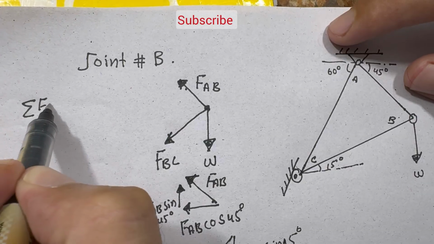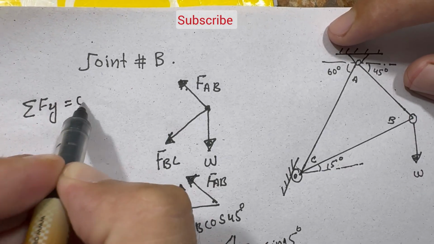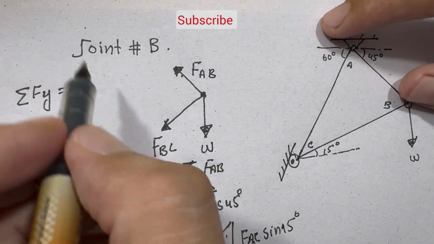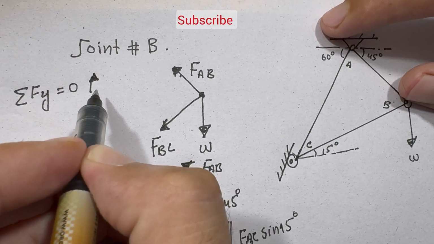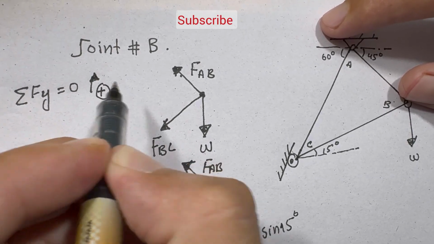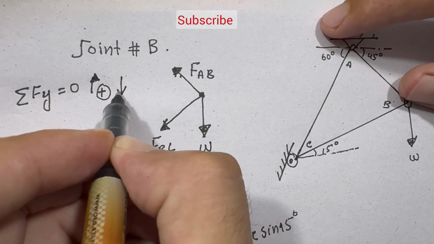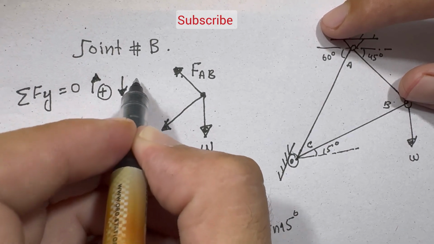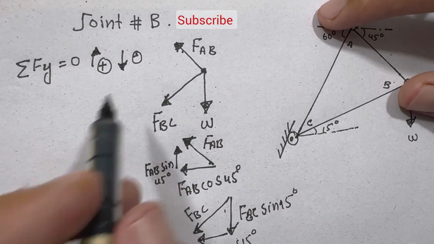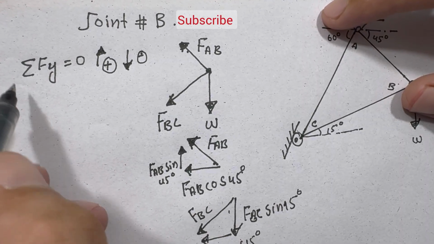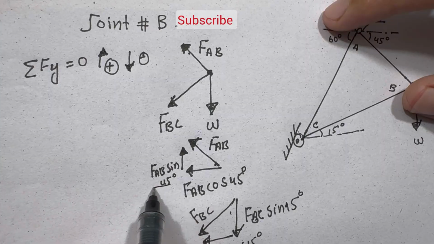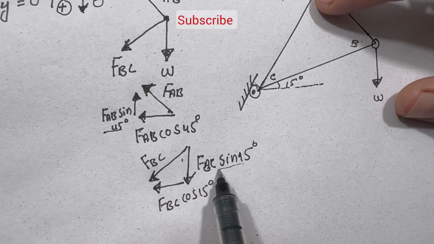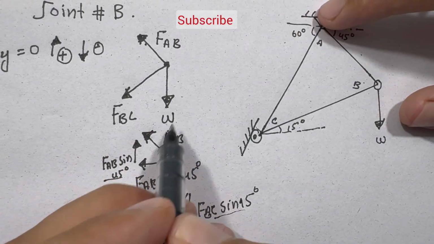Now take the summation of all forces. Summation of all vertical forces, Fy, equal to 0. Let's say the force directed upward is taken positive, and the force directed downward is taken negative. This is the sign convention.